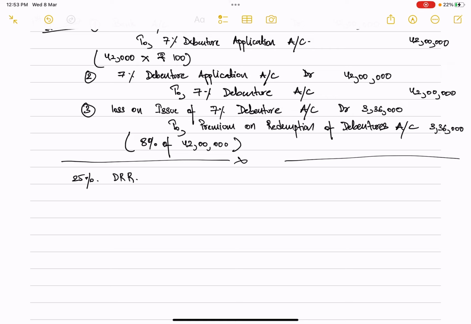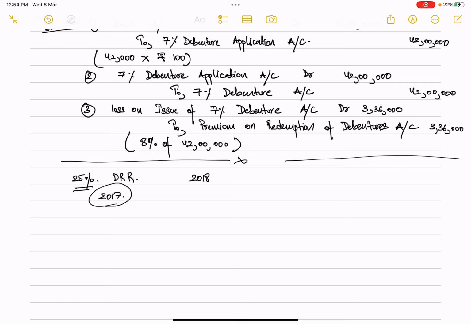Apart from that, this 25% DRR should be created at least 1 year prior. In this question, 2018 is the year in which the redemption is happening. So in 2017, on 1st April 2017, they should be ready with this 25% DRR.